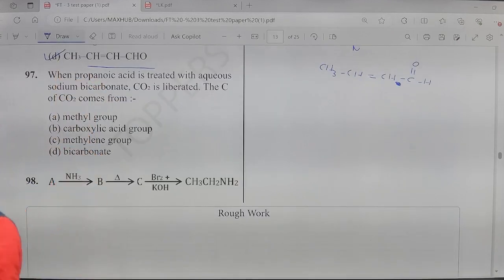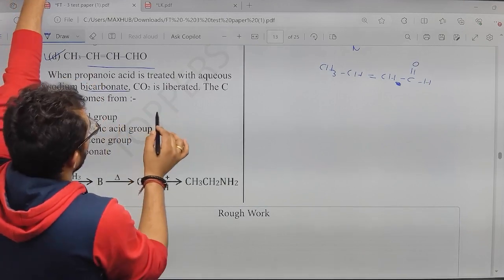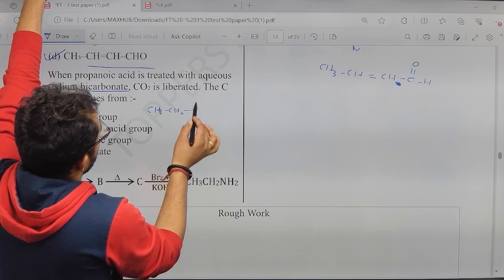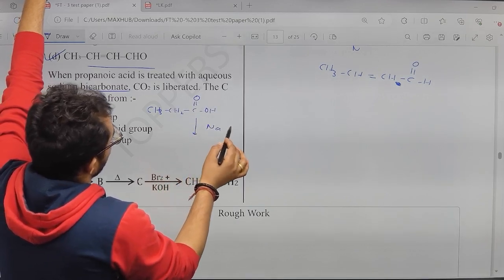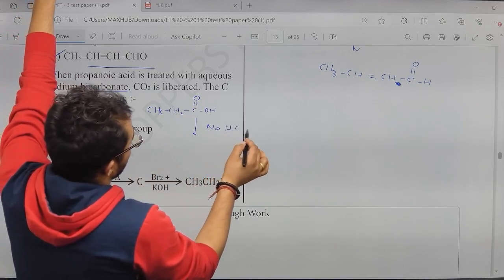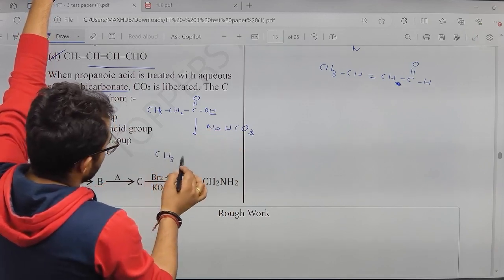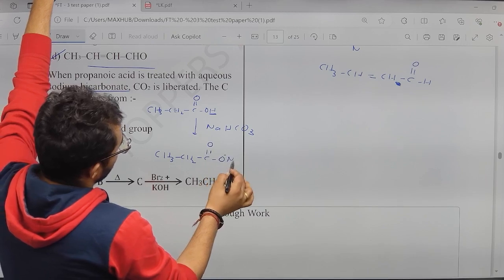Now, question number 97. When propanoic acid, CH3CH2COOH, is treated with aqueous sodium bicarbonate, NaHCO3, H will be removed, and in place of this O minus Na plus will take place.